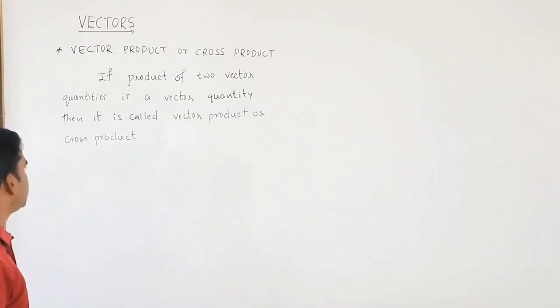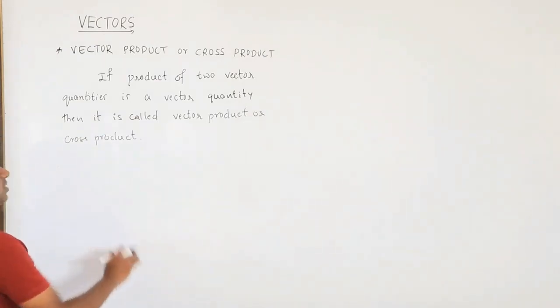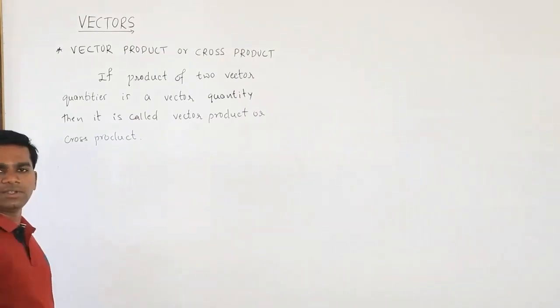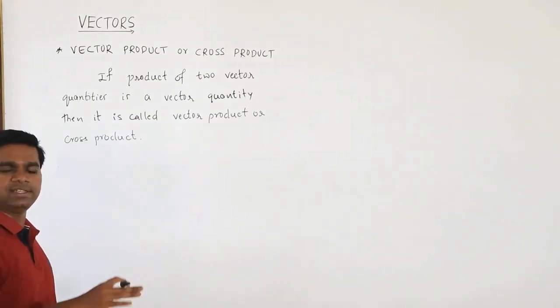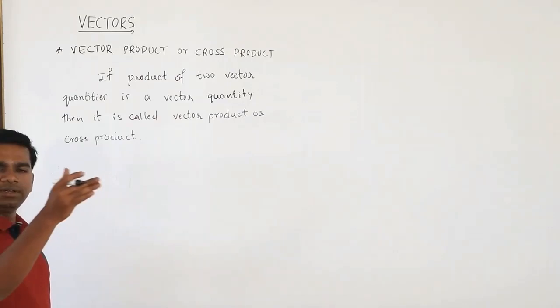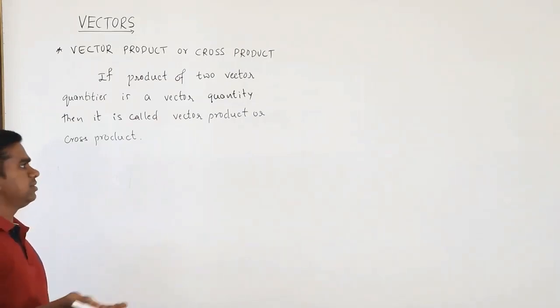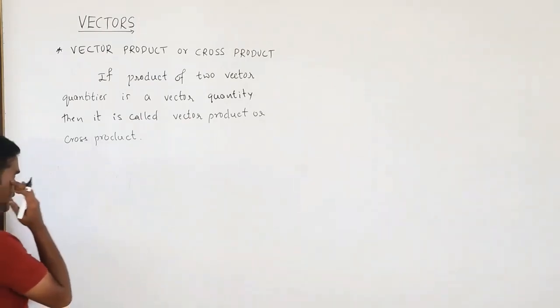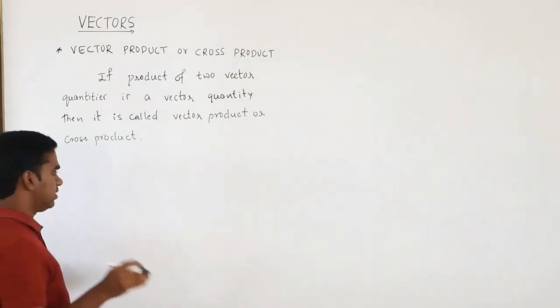Usually this happens when the resultant has some other direction. If we change the direction of your vectors, the direction of the resultant will also change. The best example is, again, your screw.